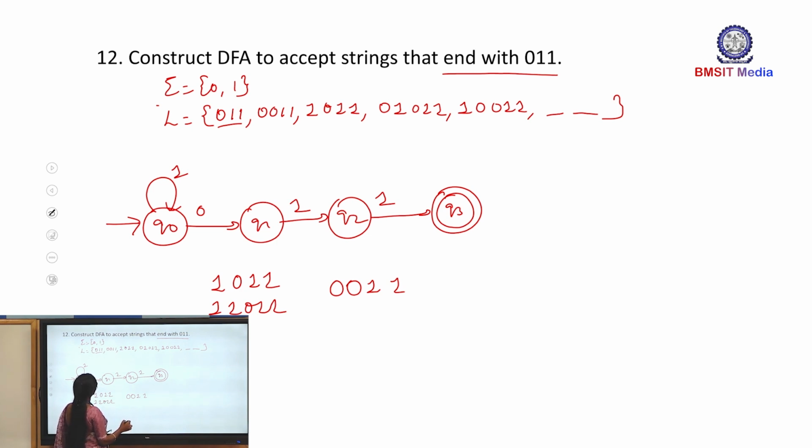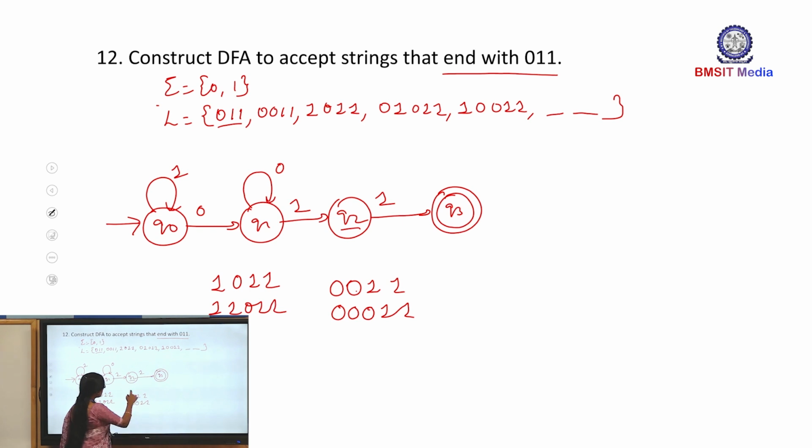So it should satisfy the condition. Any number of zeros followed by 1, 1 is a valid string here. Similarly, 3 zeros followed by 1, 1 should also be valid. So one possibility is I can have a loop here. This satisfies the condition: any number of zeros followed by 1, 1. So all these conditions are satisfied with this transition.